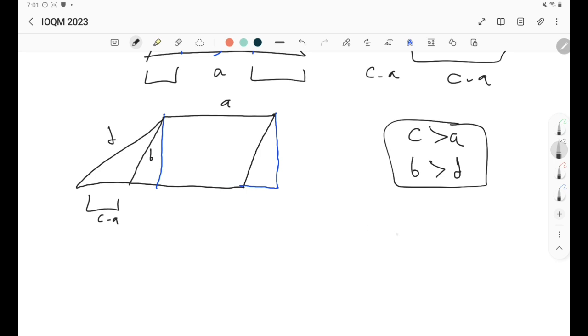Remember, if B is greater than D, then C minus A is between B plus D and B minus D. From here we get that A plus B is less than D plus C.